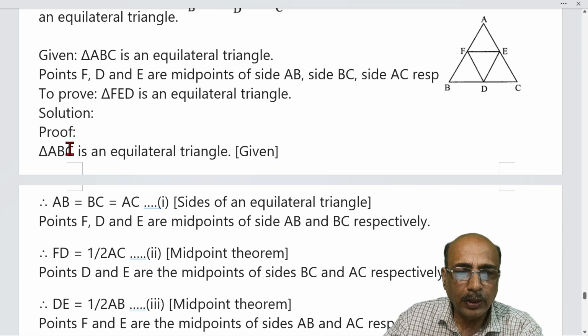Solution. Proof. Triangle ABC is an equilateral triangle, given. So all sides are equal: AB equals BC equals AC.